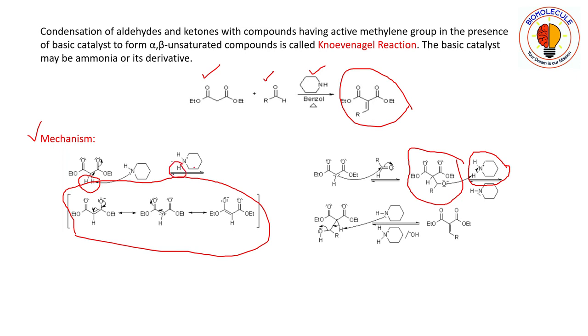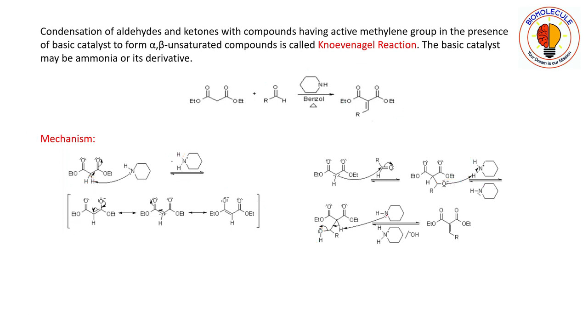So oxygen will take up this proton from the protonated piperidine base. Now this becomes OH. Previously it was O minus. Now the piperidine base will take this proton.